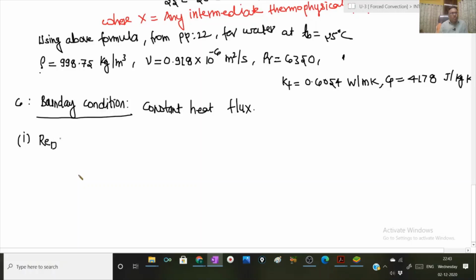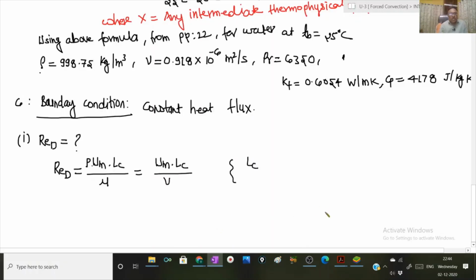For internal flow, we represent Reynolds number as Re suffix D. So in order to calculate Reynolds number, in case of water flowing through the pipe, we have this formula, rho into um into LC over mu is equal to um into LC over nu.